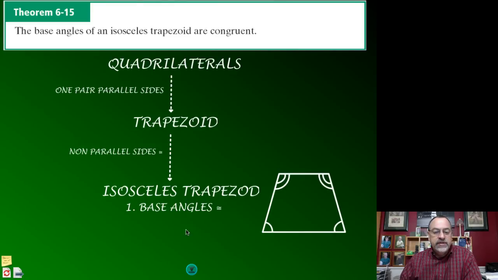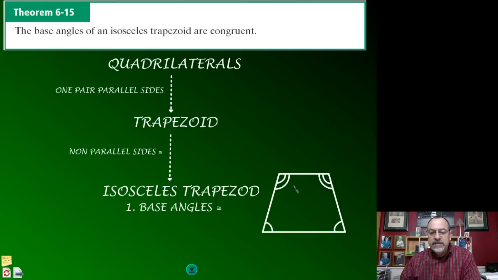It's important to understand that this characteristic, that the base angles are congruent, is only true for an isosceles trapezoid. So first establish whether it's a trapezoid or an isosceles trapezoid before you go to this characteristic, because it's only in an isosceles trapezoid that these base angles are congruent.